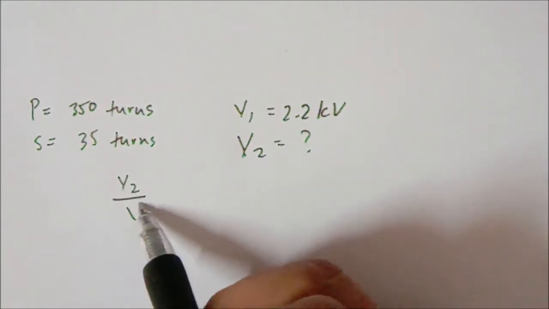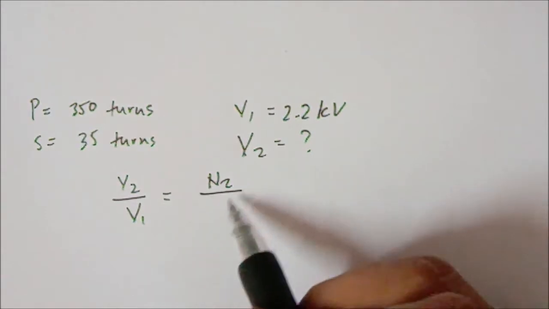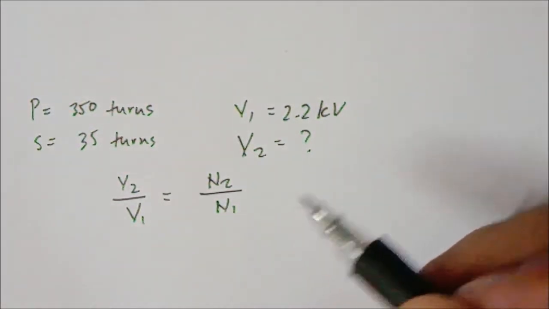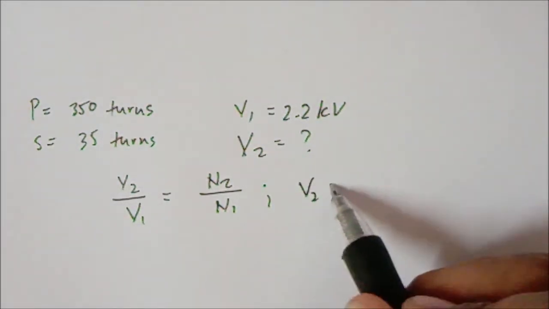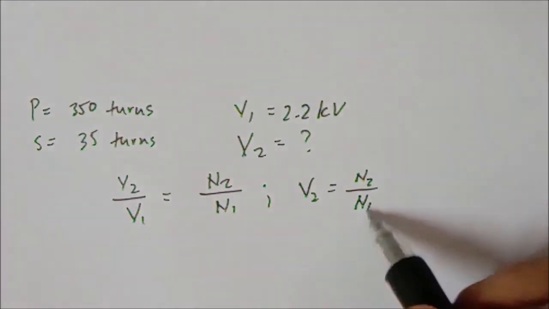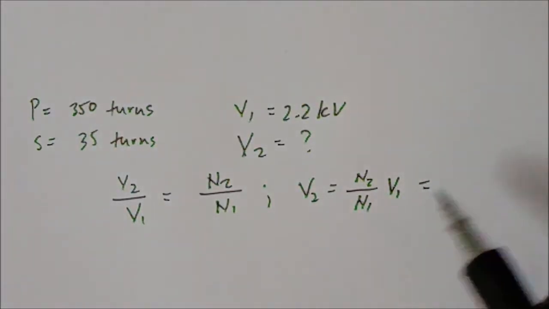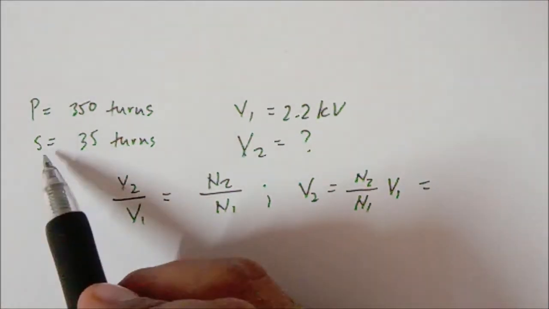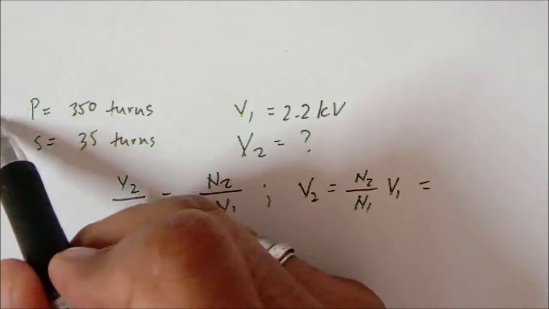V2 over V1 is equivalent to N2 over N1. So, dito, makukuha natin si V2 is equivalent to N2 over N1 times V1. So, N2 natin, secondary. So, this is N2 and this is N1.